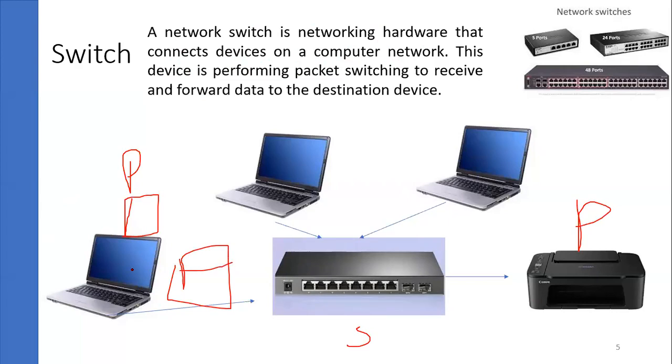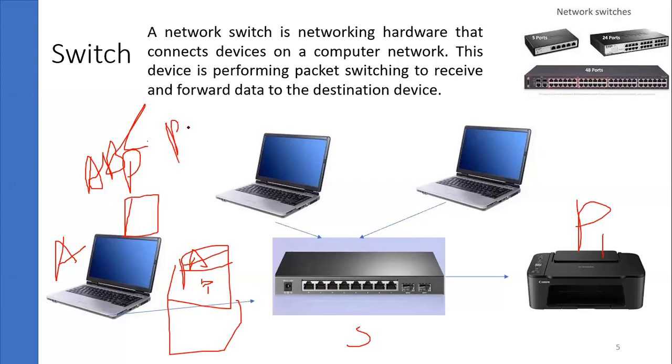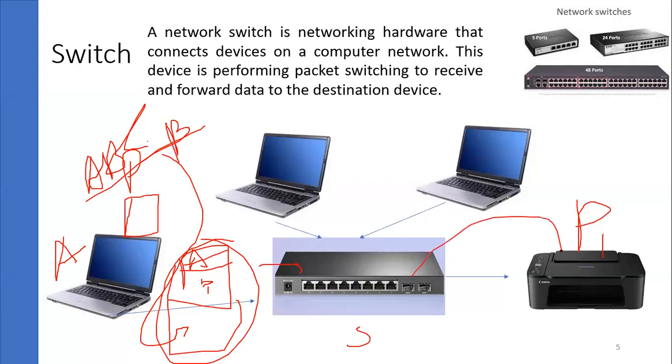This is from laptop A. It contains: I am laptop A, I want to go to printer P1, this is printer P1, and I want to print abc.pdf. This is the PDF name that you want to print. That also goes into this packet. Then this whole packet is transferred to the switch, then the switch transfers it to the printer. This is how you perform the printing activity in your office network.